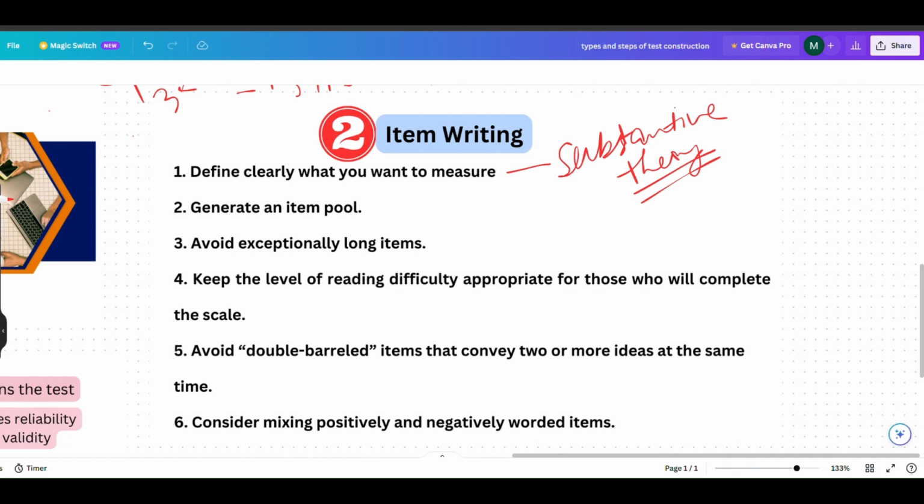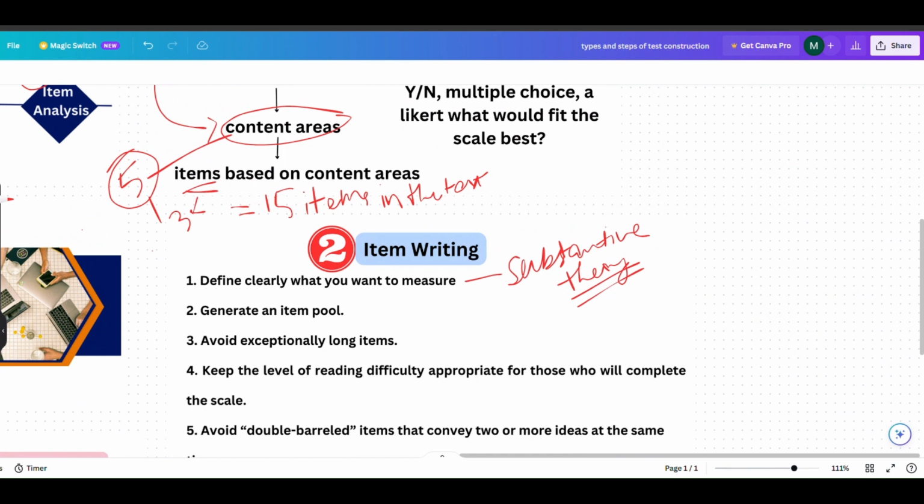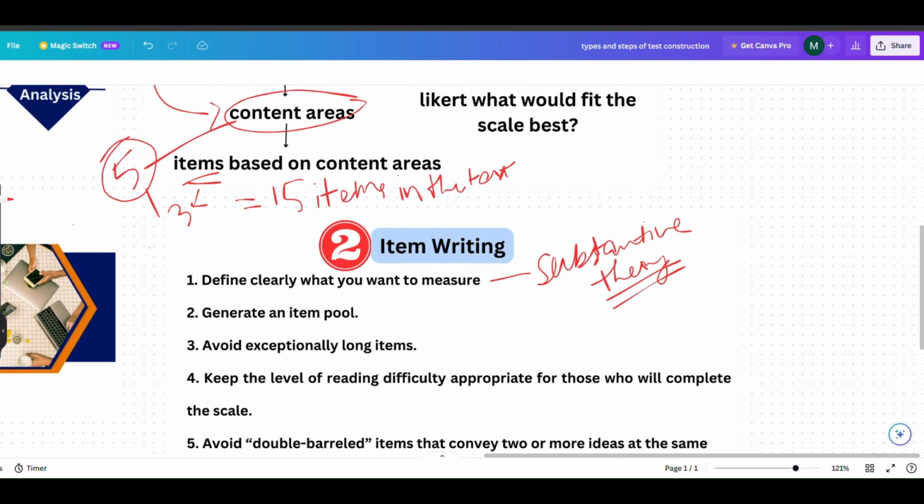Then we generate an item pool. The item pool is for each of the areas, sub areas, content areas which we just saw. We would make a lot of items which explain those content areas, and this would be our item pool.